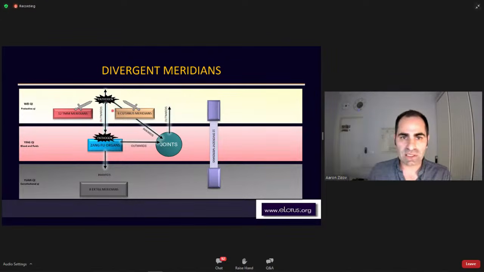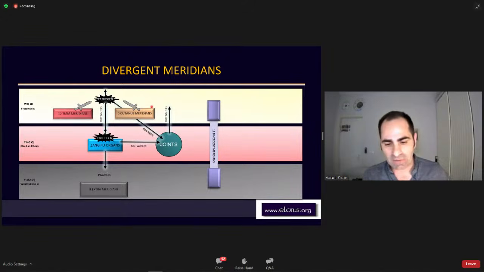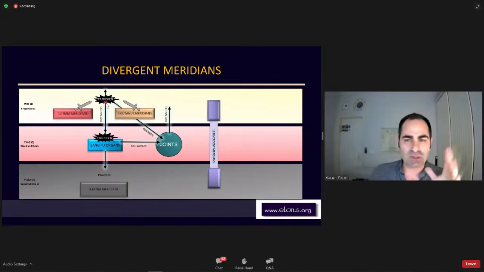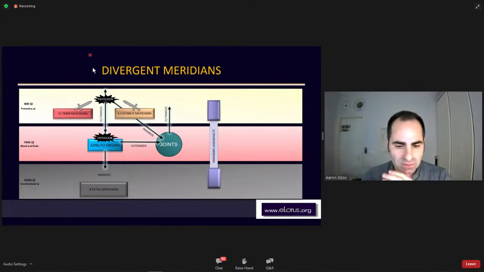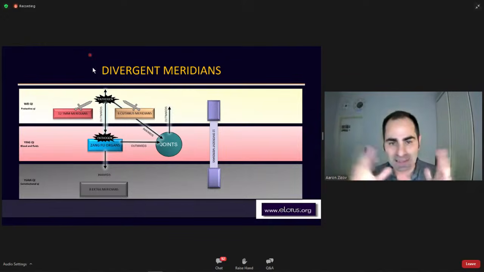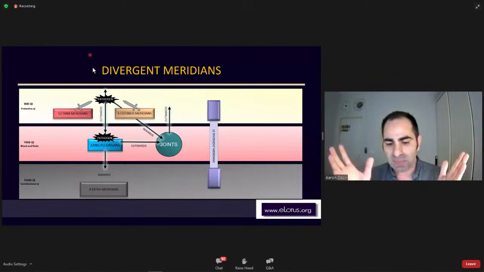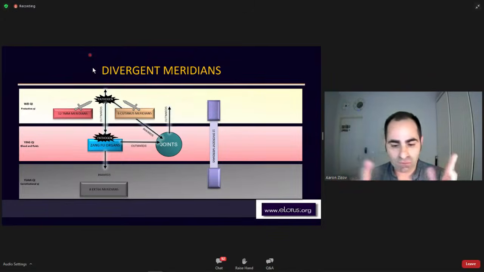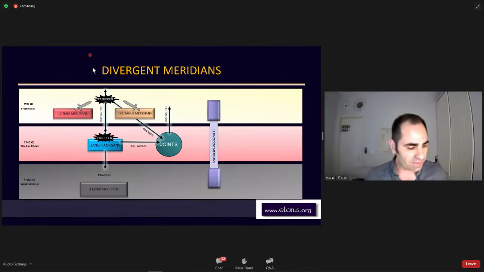This is the basic idea of how we want to look at the divergent meridians. When the pathogen stays deep in the Yuan level, it can stay there in a hidden, latent condition, and it will not do any harm, basically. If it's in the Zangfu, it's more harmful, and we want to avoid it.